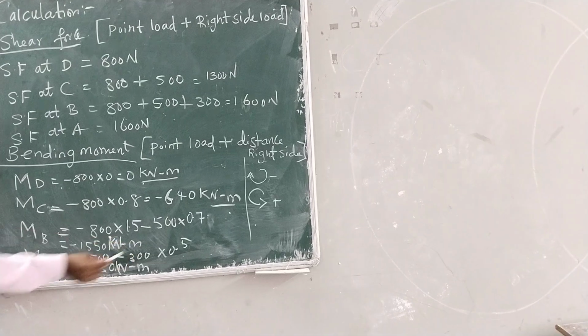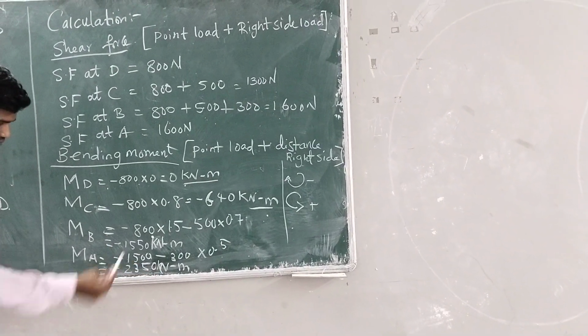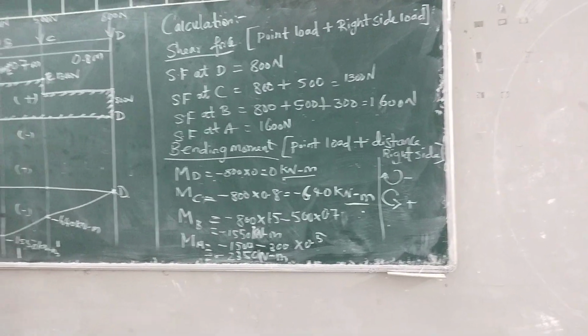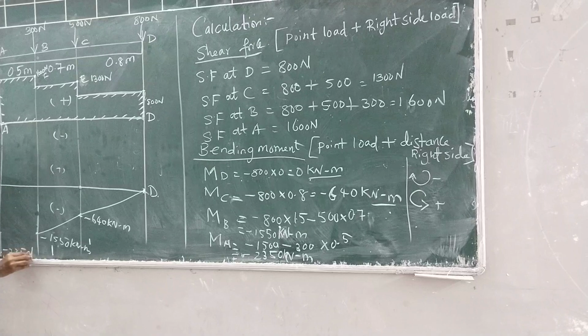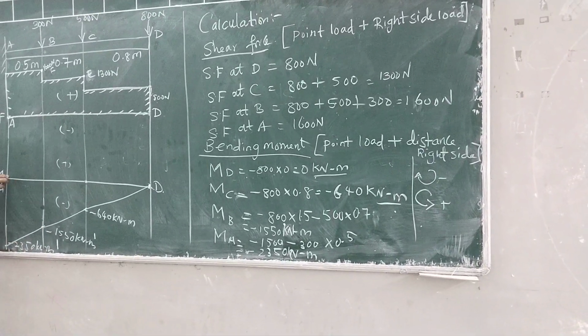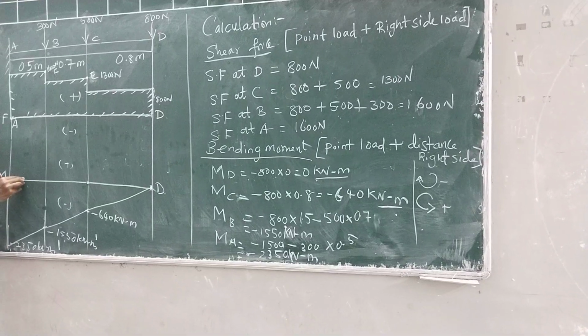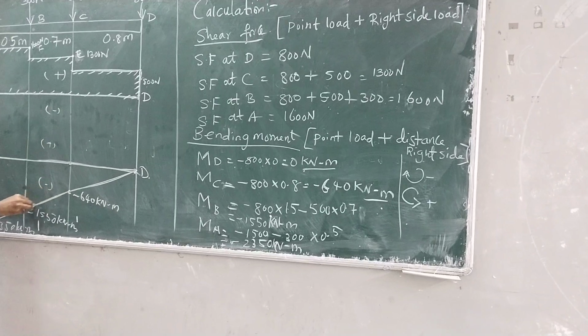We multiply, and the final answer will be minus 2350 Newton meter. Approximately the value will be minus 2350 Newton meter. So here we can draw the line, completing the profile of the bending moment diagram.